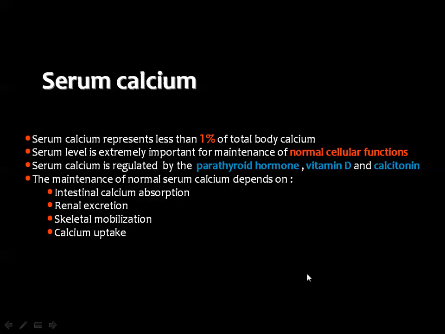Then, as you all know, calcium is very important for the maintenance of normal cellular function, and the serum calcium represents about 1% of the total body calcium. The serum calcium is regulated by three major factors: number one, the parathyroid hormone, the vitamin D, and the calcitonin.